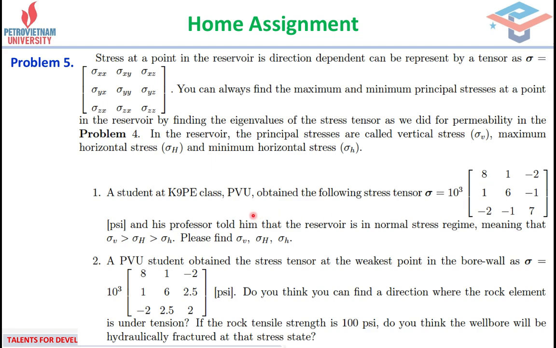And I already tell the student that this is in the normal stress regime. You know what the normal stress regime is? When the vertical stress is the highest and the minimum horizontal stress is the smallest. And you should help me to find the vertical stress or overburden stress and the maximum and the minimum horizontal stress.